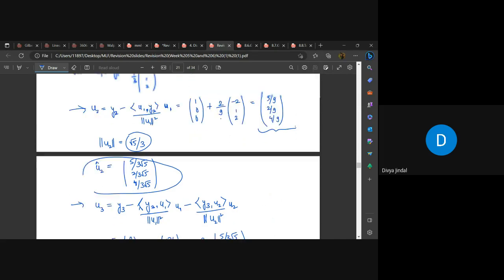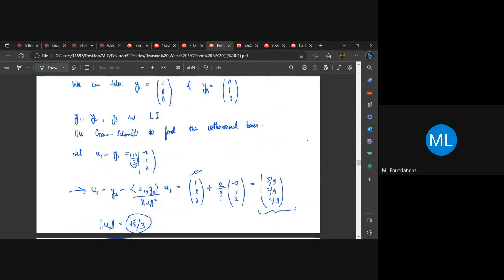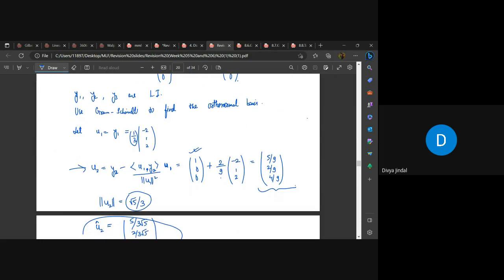U1's norm will always be 1, right? Yeah, like in this case, it turned out to be length 1, but if it was not, we'll have to make it 1. But when we did U1 equal to Y1 divided by its norm, didn't it become norm 1?